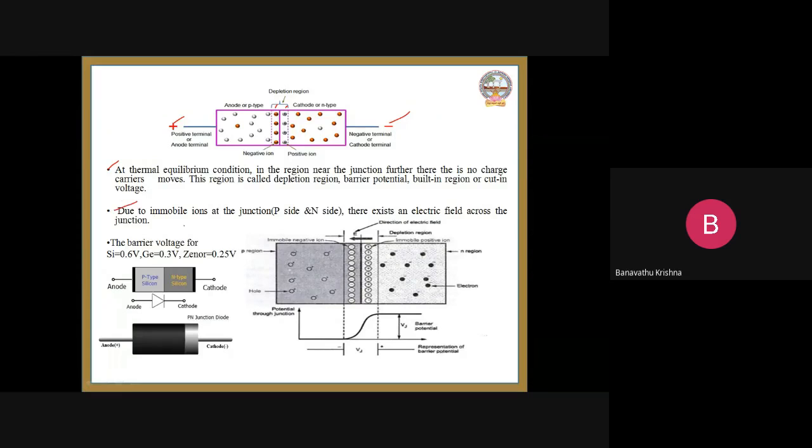Next, second point. Due to the immobile ions near the junction, on the P side and N side, there exists an electric field across the junction. The barrier voltage, which is this potential difference, is 0.6 volts for silicon, 0.3 volts for germanium, and 0.25 volts for GNR. Like what I told you in the previous class, there is an energy band diagram, and in that diagram there is a forbidden energy gap. Only when the external energy we apply exceeds that electron volt do the charged particles, such as electrons, jump from the valence band to the conduction band.